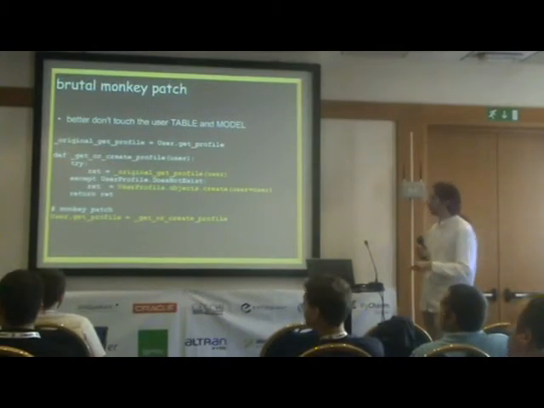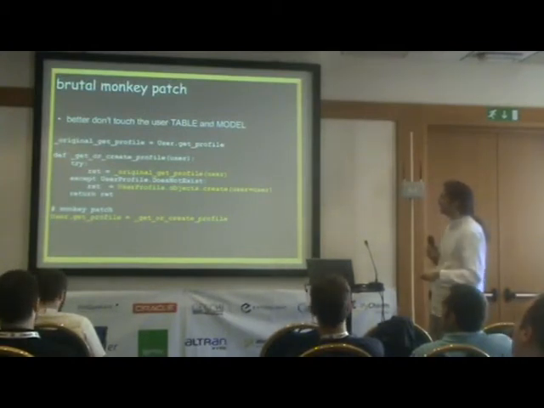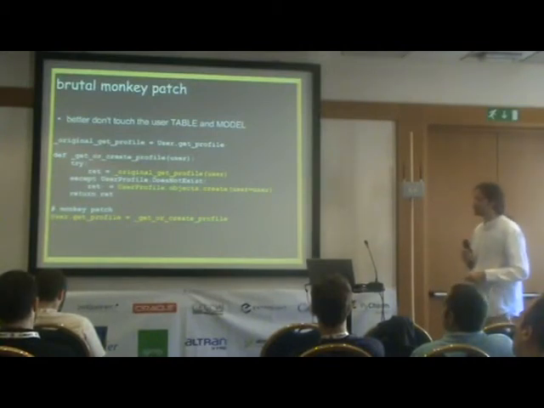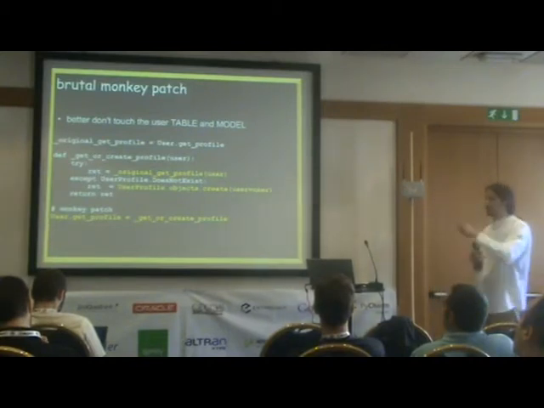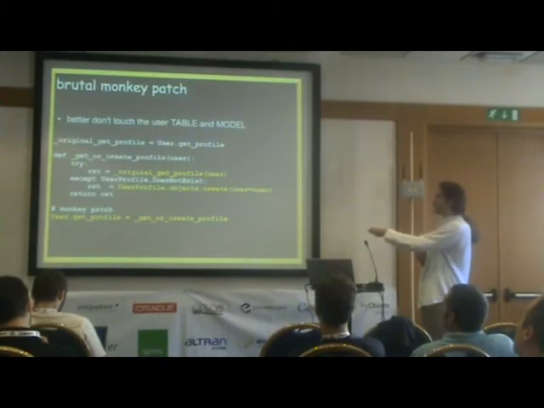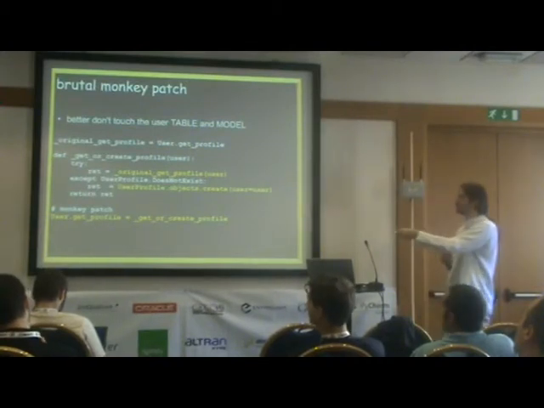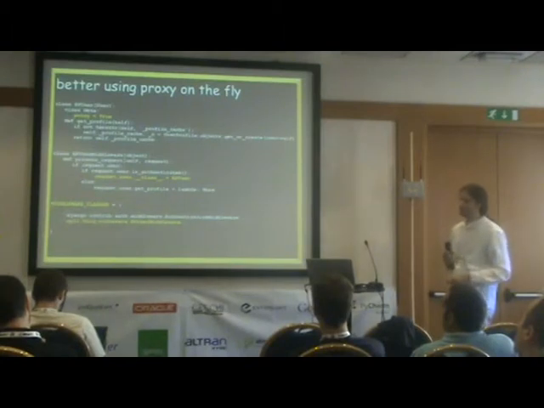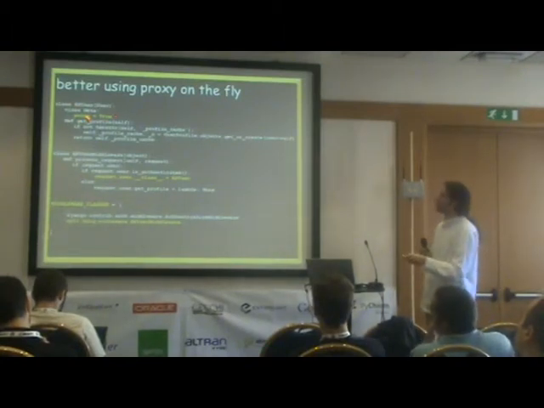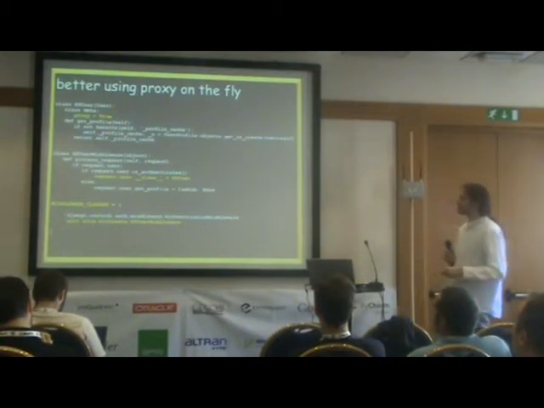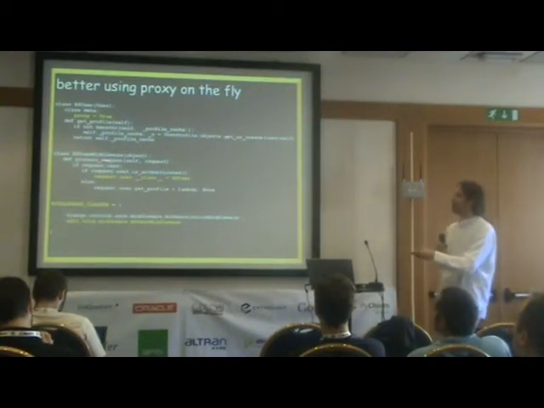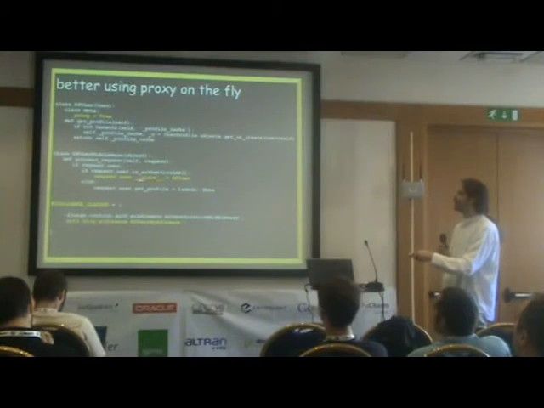What do you change exactly? For example, in your model, you have to see the import. But I also don't like this monkey patch, because I prefer this solution: extend the user by using a proxy that changes the get_profile method to get or create, using a cache inside this class, and using a middleware that changes just the type of the request user.